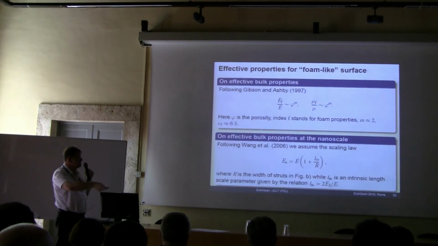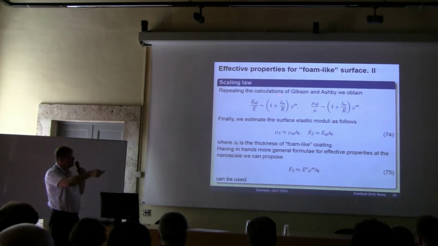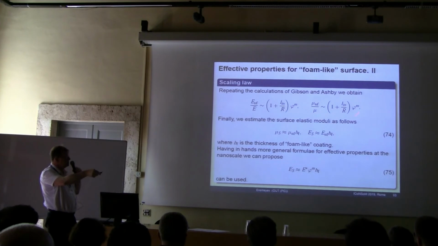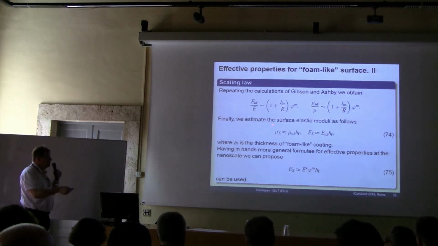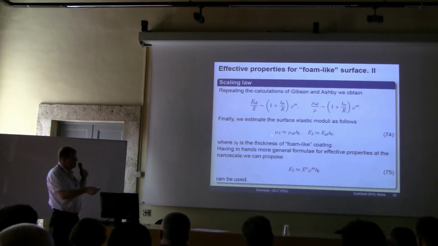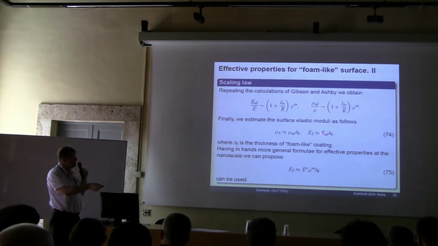We use this scaling law by Wang, Karihaloo, and Duan, and we can say that our nanofoam looks like that, with some dependence on porosity with size effects. Finally, we can say that our effective stiffness parameters look like that. We have thickness, and this shear modulus, and so on.